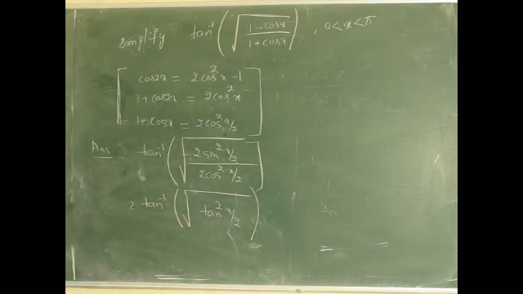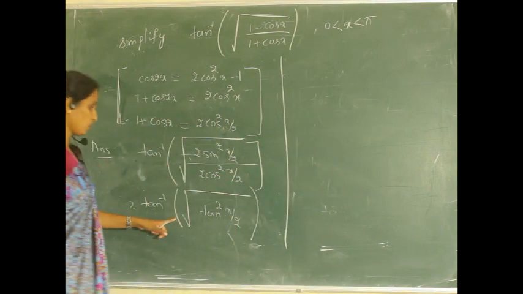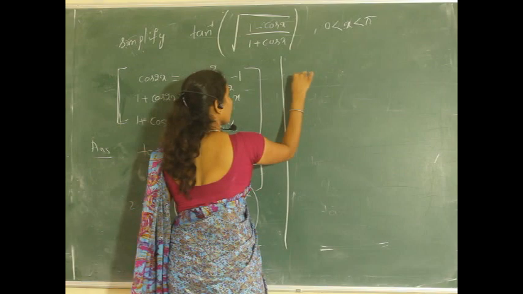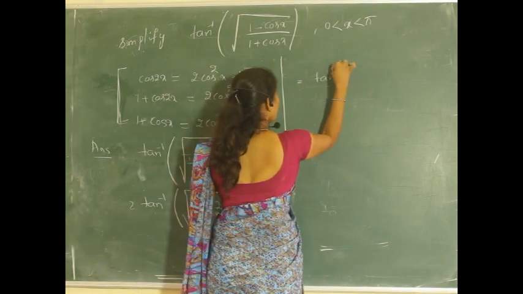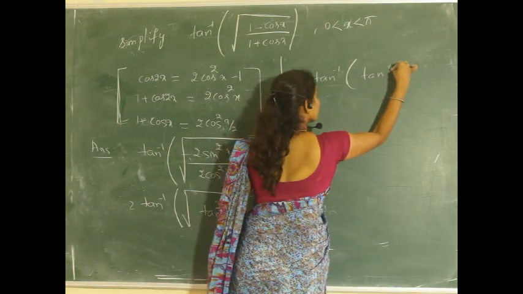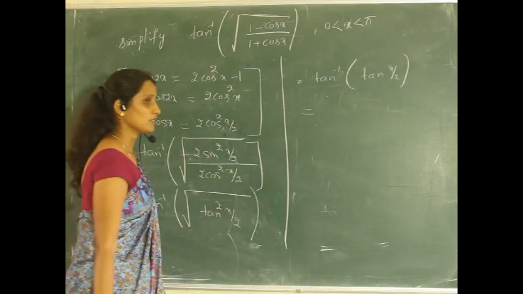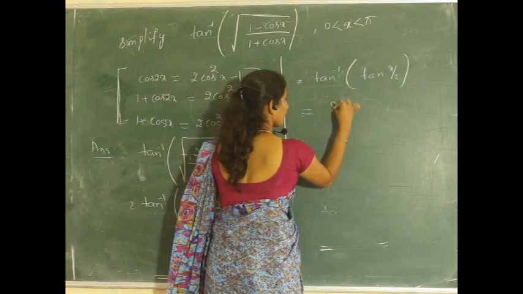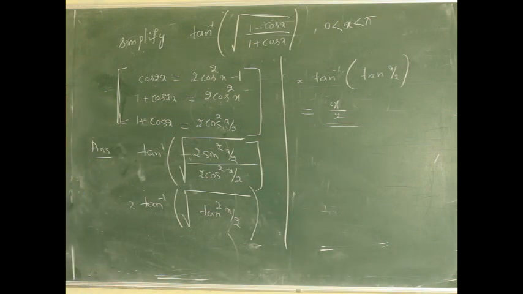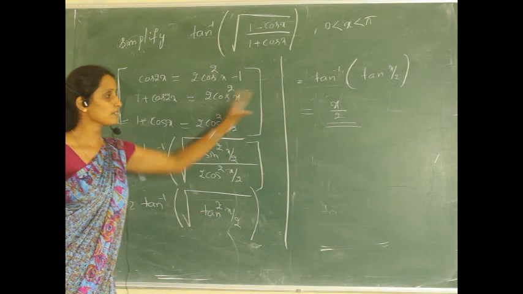Square root and tan square can be cancelled, so we are getting tan inverse of tan x by 2. So this is equal to x by 2.